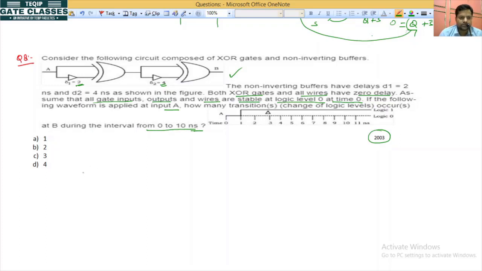So what we will do here, we will plot a graph for A. A is given as this one, so it will be A. Okay, this is our A. I am going to plot the timing diagram.